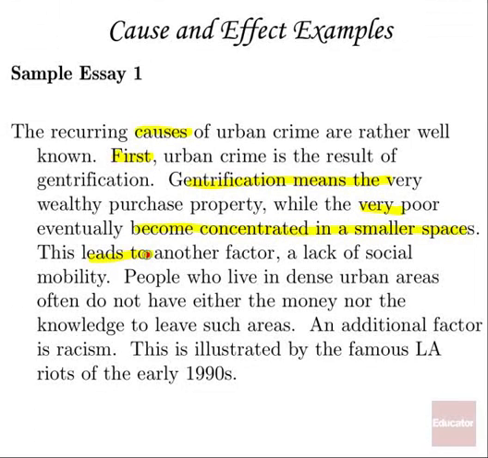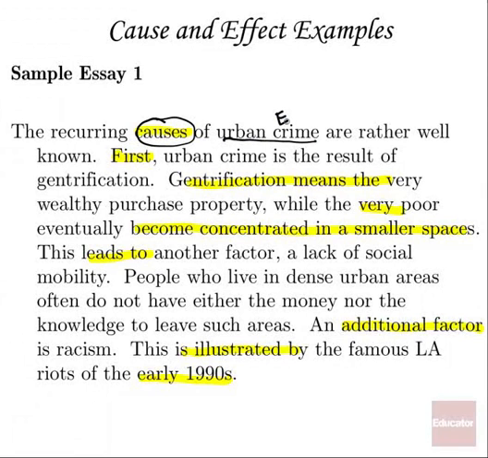People who live in dense urban areas often do not have either the money nor the knowledge to leave such areas. An additional factor is racism. This is illustrated by the famous LA riots of the early 1990s. So, I have several causes here, and just by noting that, you can read the rest of this essay and know that, well, there's probably going to be several factors for a single effect. What's our effect this time?